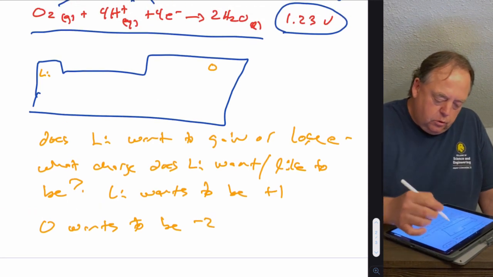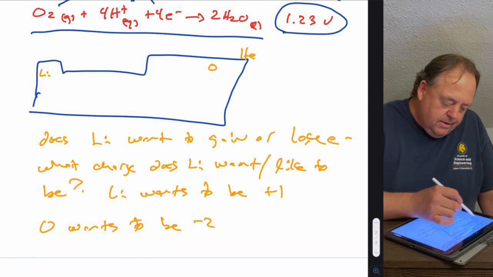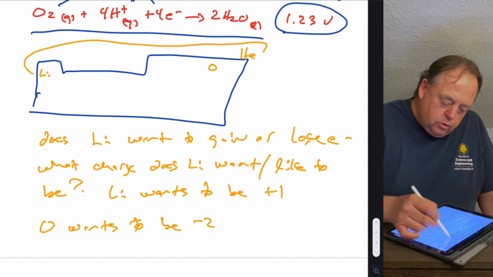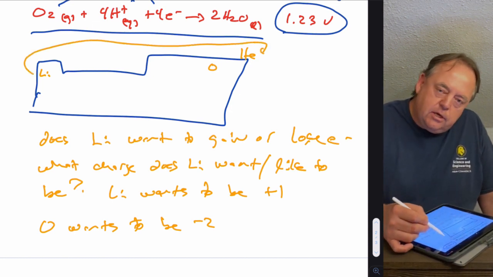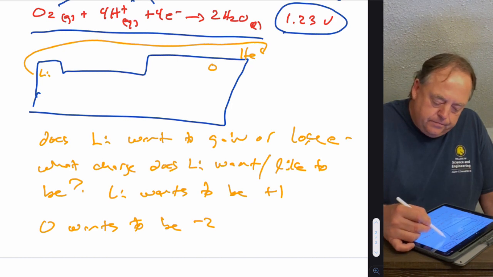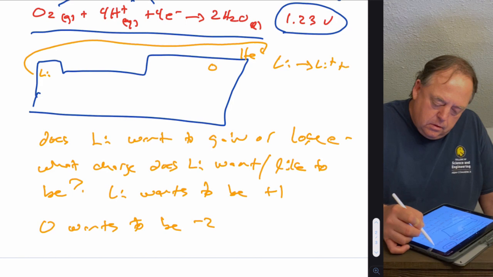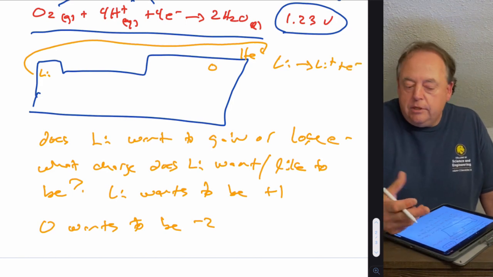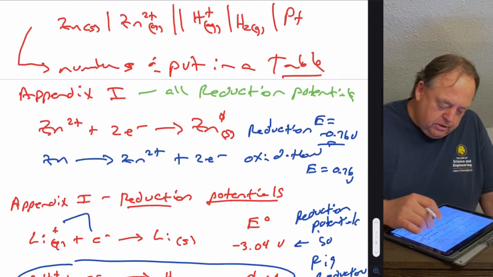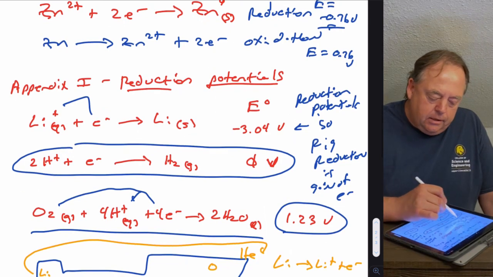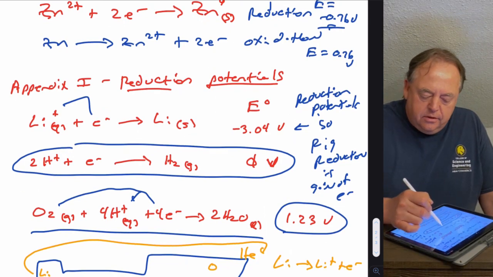So lithium wants to lose 1 electron. It has 3 electrons, and it wants to lose 1 electron to have the same number of electrons as helium. So lithium would really rather lose electrons, not gain electrons. So lithium gaining 1 electron to become lithium 0 is not favored.